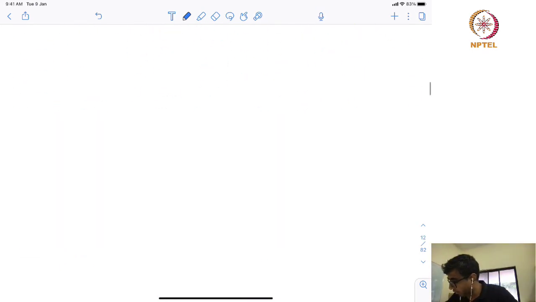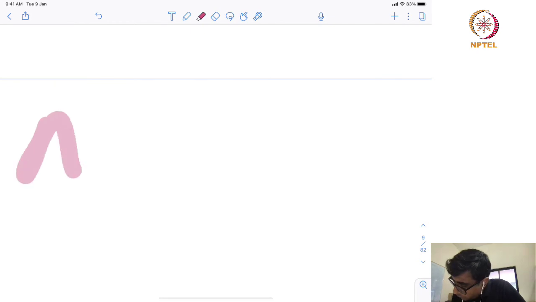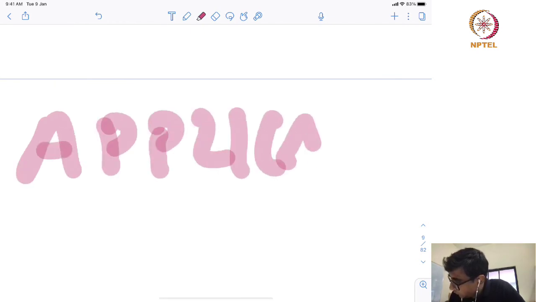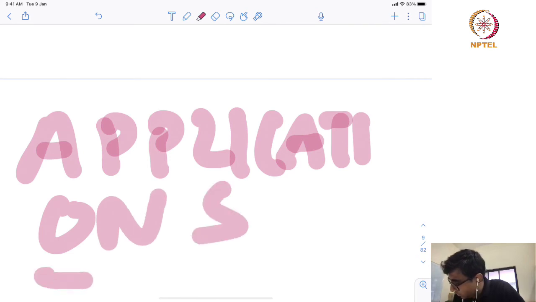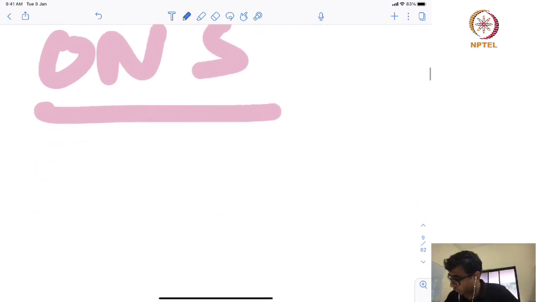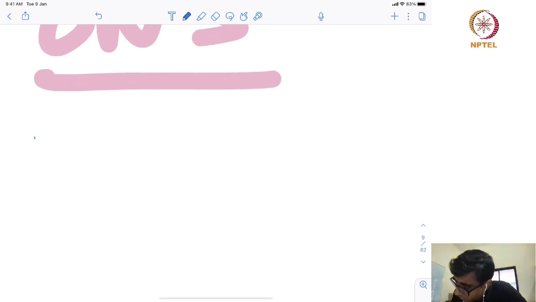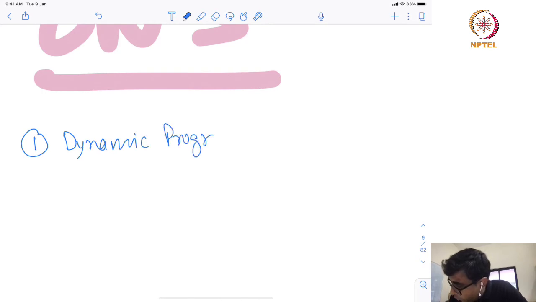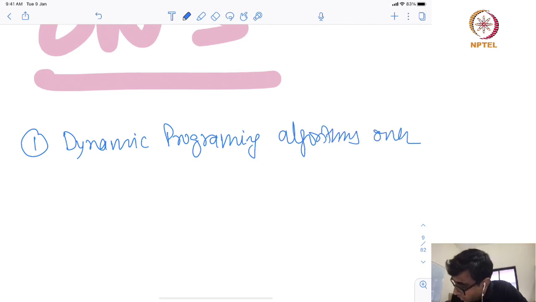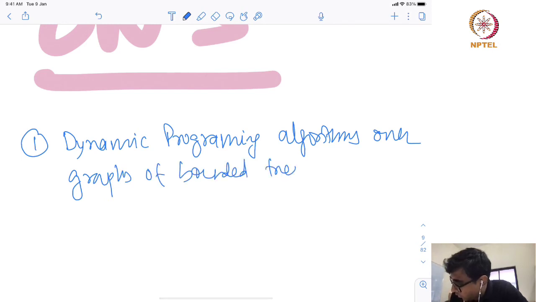Okay. And so, now what I want to tell you is some applications. So, some applications we have already seen. Dynamic programming algorithms over graphs of bounded tree width, right.